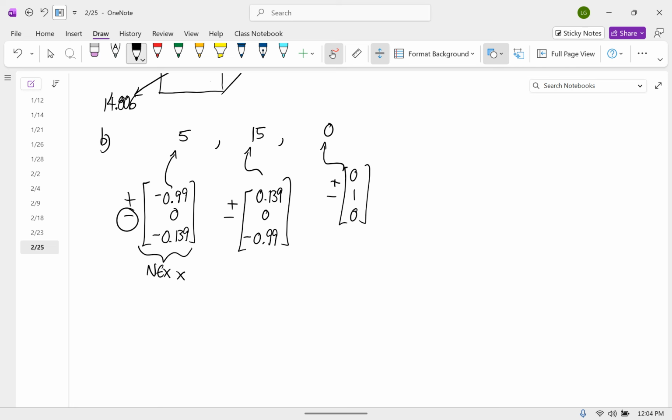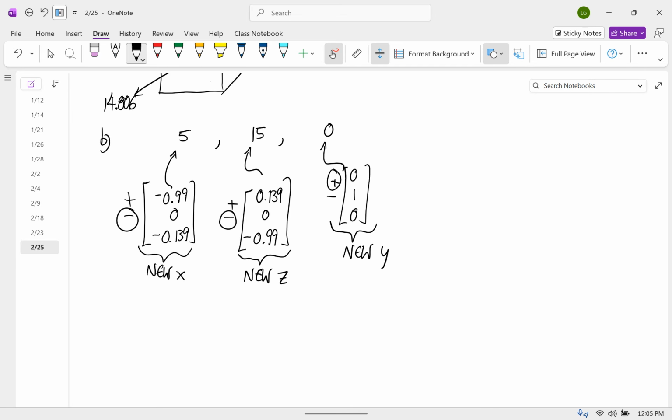I'm going to use the negative one of these, and that's going to be my new z, sorry. And I'm going to use the positive of this, and that's going to be my new y.